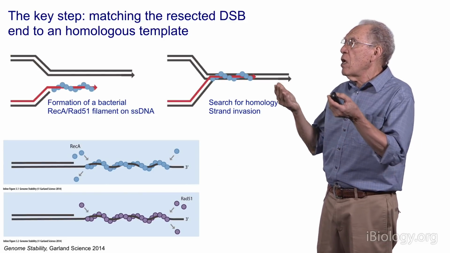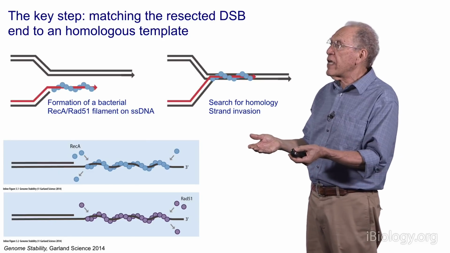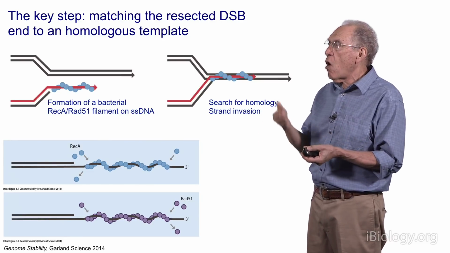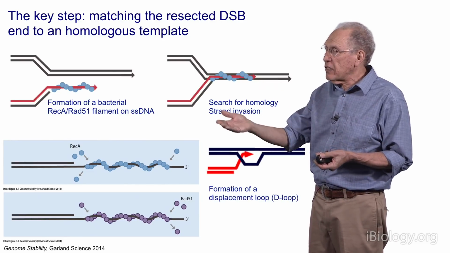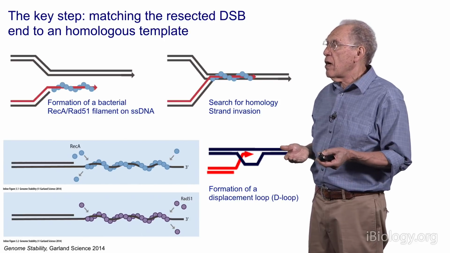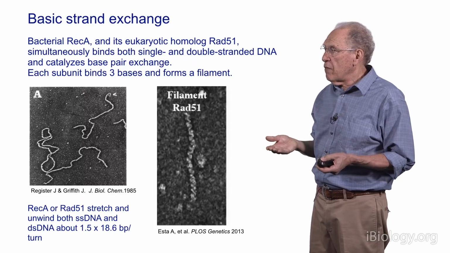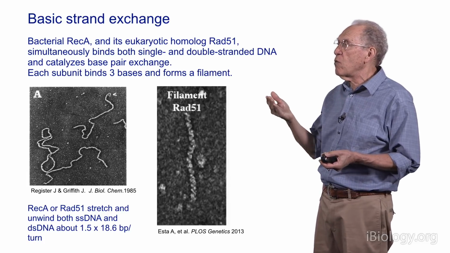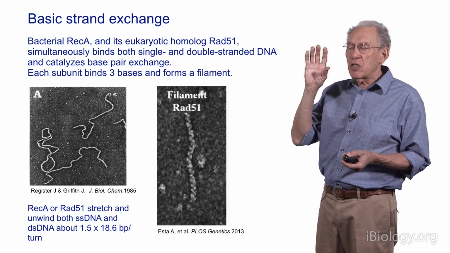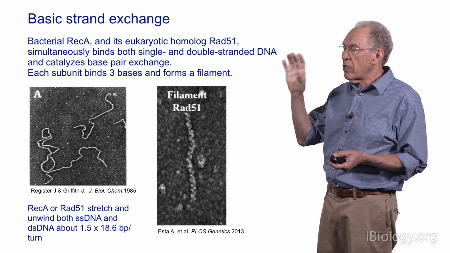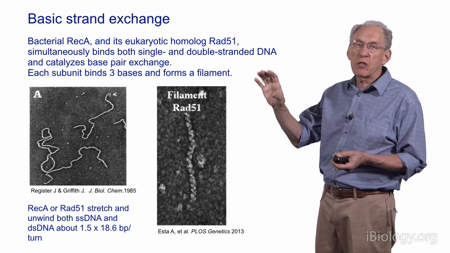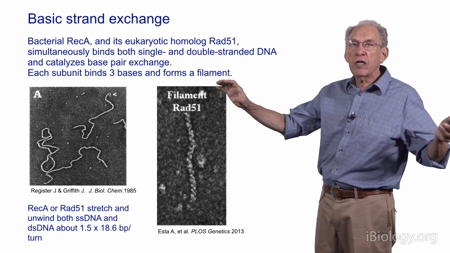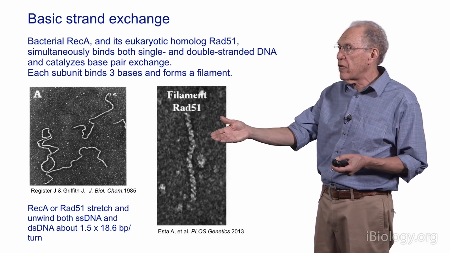Okay, so Rad51 or RecA binds as a filament onto the DNA and then effects this search for homology. If we look at these proteins in more detail, we discovered that RecA and Rad51, each subunit of these molecules, binds 3 bases of the single-stranded DNA, but makes a long and continuous filament, which is illustrated here.